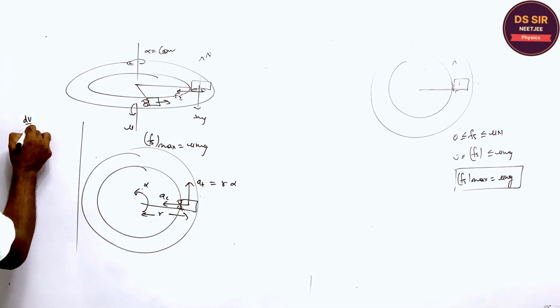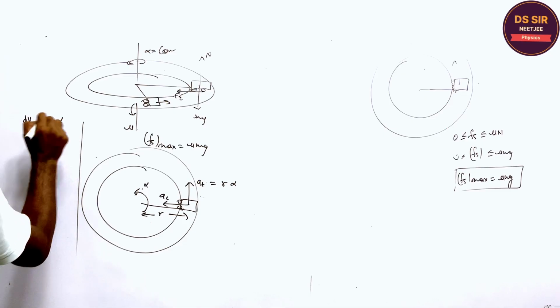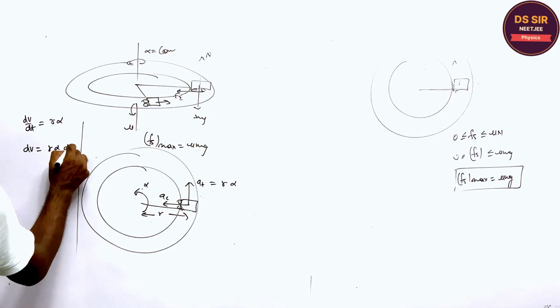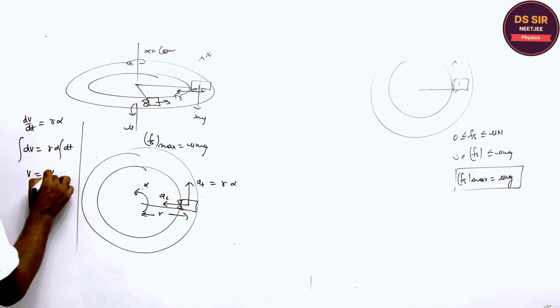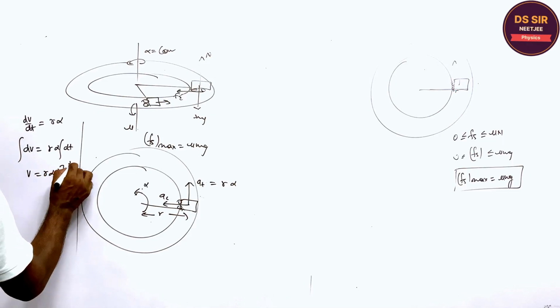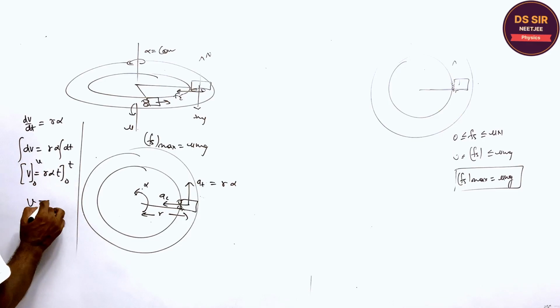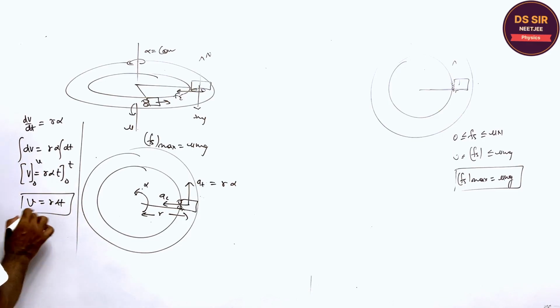So dv upon dt is equal to r alpha. What is the velocity after time t? You have to integrate r alpha dt from 0 to t, with limits 0 to v, right? So v is equal to r alpha t. Is it clear or not?